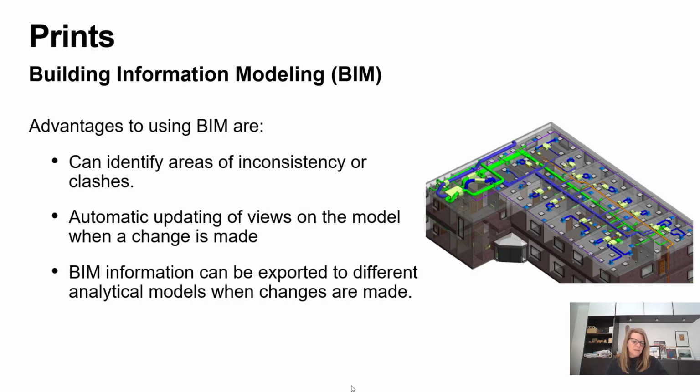So some of the advantages with that are, if you're building it as you go, and you can see over on the right where it's showing the supply and return area for a building, and you have structure that would also be in place, and all the other building functions and components, as well as finished systems, you might be able to identify where there might be problematic areas where things don't have enough space to run, or there was maybe a misunderstanding of what was happening within a room.